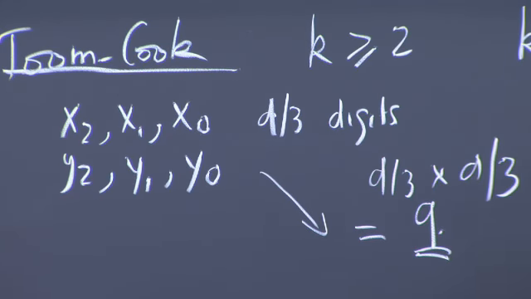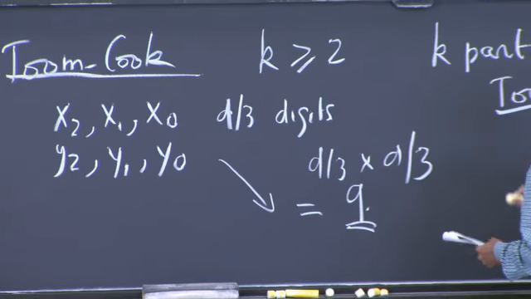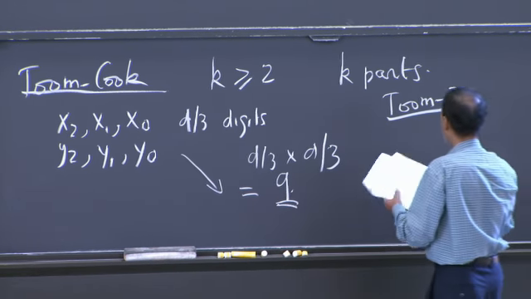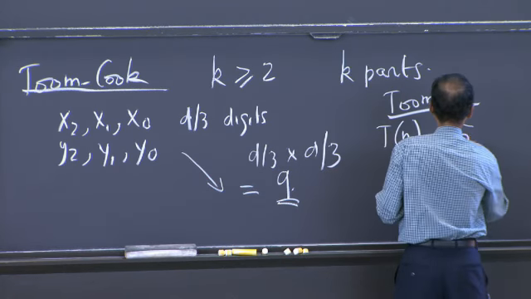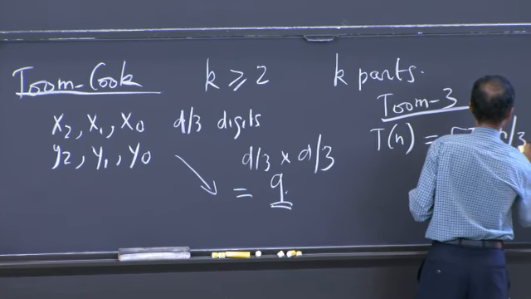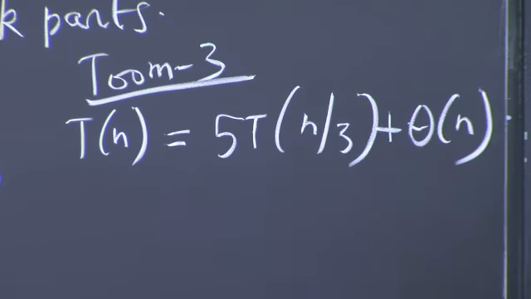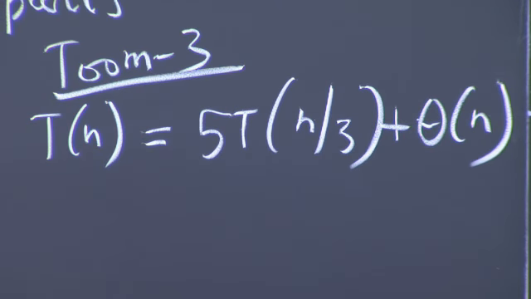And it turns out that Toom-3 plays some arithmetic games and ends up with a recurrence relationship that looks like this, where you reduce the 9 multiplications down to 5.